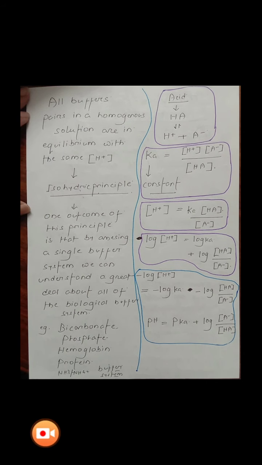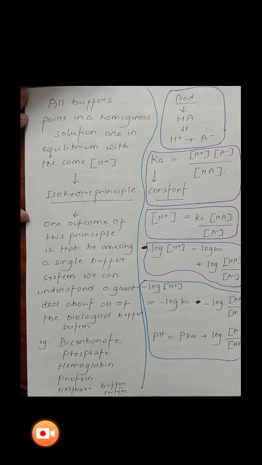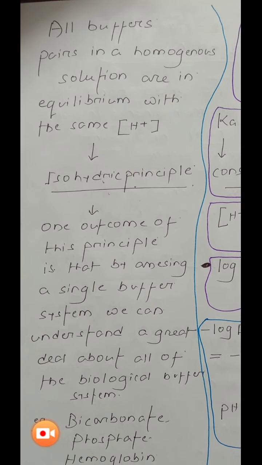Now I am coming to the buffer and the equation system. All buffer pairs in a homogeneous solution are in equilibrium with the same hydrogen ion concentration. That is the isohydric principle of buffers.